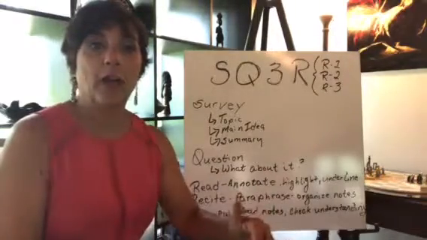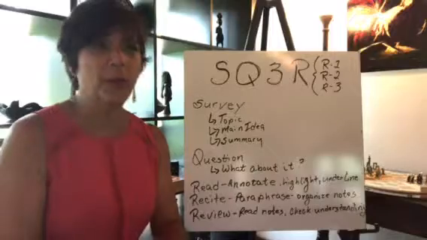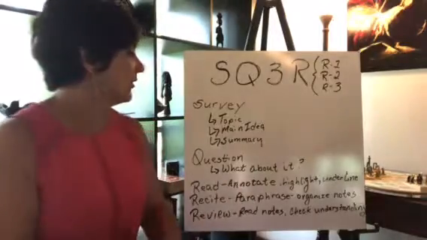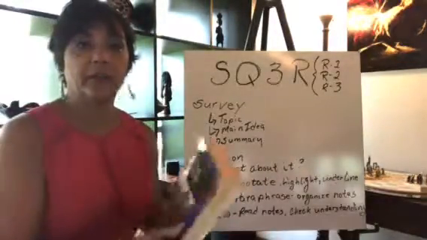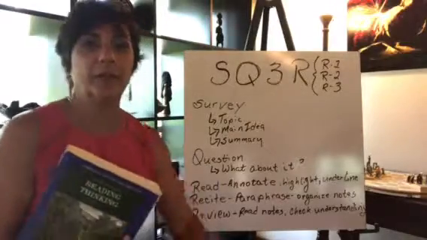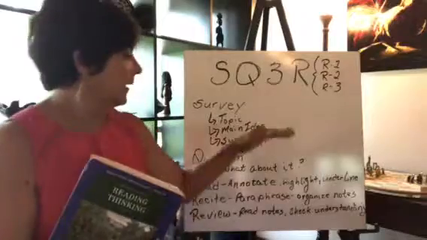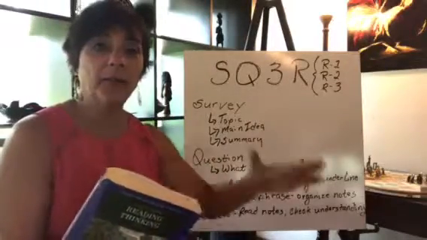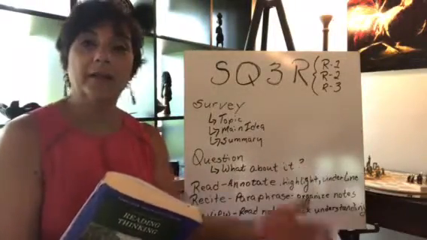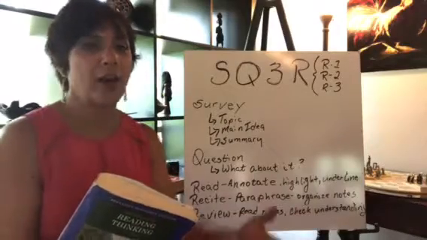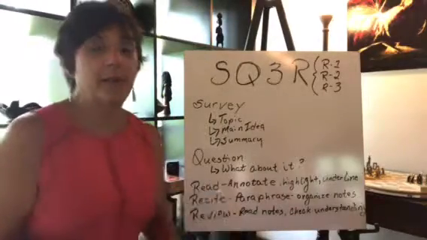We list what we know, and then we list what we want to know in the form of a question. So our questions for this chapter might be, what is active reading? And what is SQ3R, and how could it help me? We would jot those questions down before reading to help guide our notes, and we'll talk about that further. A good way to make an outline.